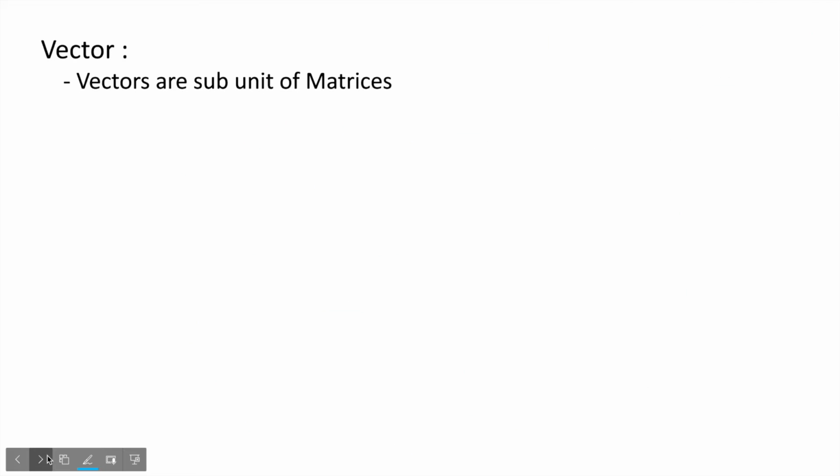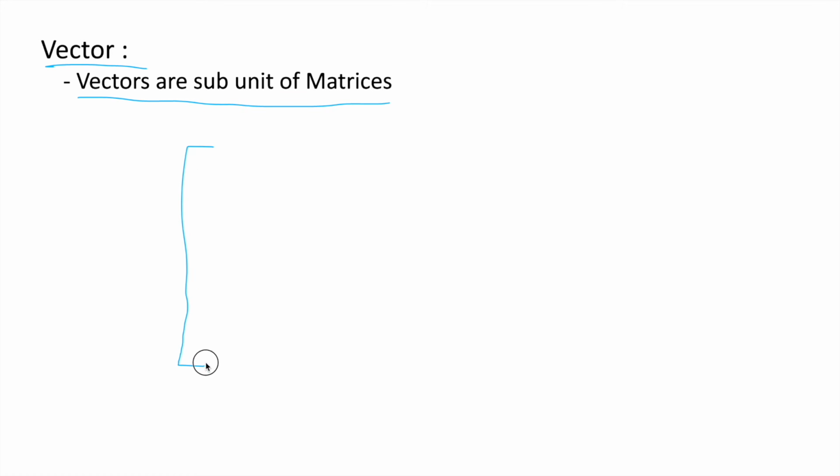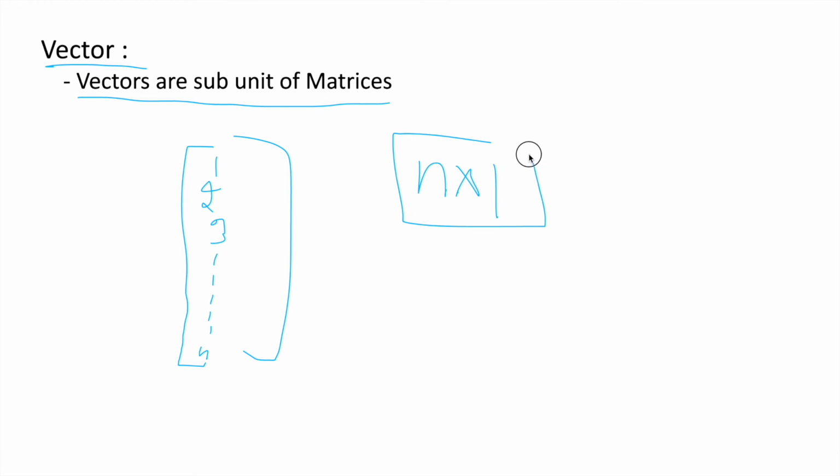Now let's move on to vectors. What is a vector? It's a subunit of matrices, and vectors are written in this form, where 1, 2, 3, we can write anything instead of 1, 2, 3, and so on, up to n. So this will be an n cross 1 vector or matrix.